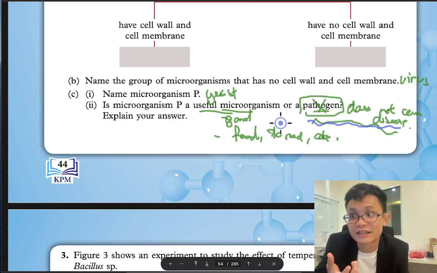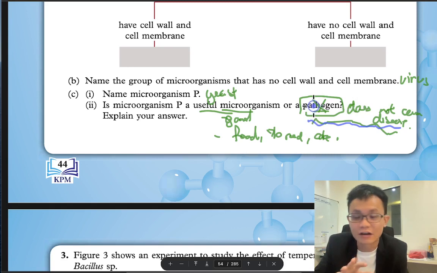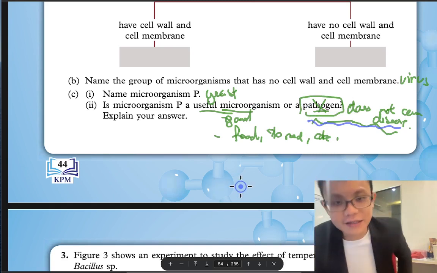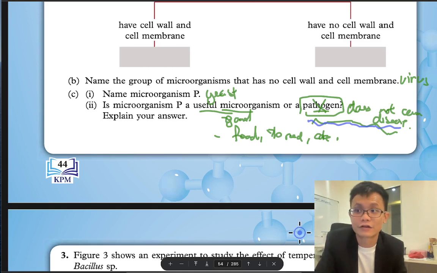So maybe the teacher can consider giving the student marks if the student says that yeast also can cause disease. If you don't believe me, you can go find on Google. But obviously yeast is not a pathogen, this is also confirmed. I also like to use Google and ChatGPT a lot to clarify my understanding whether it's correct or wrong.